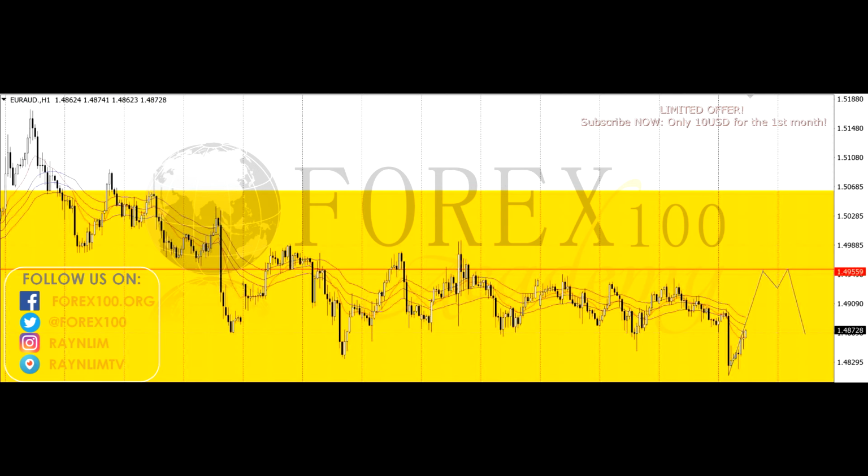So where does my stop loss go? My stop loss goes to 1.5 flat. This is my stop loss. Target 1.4900.